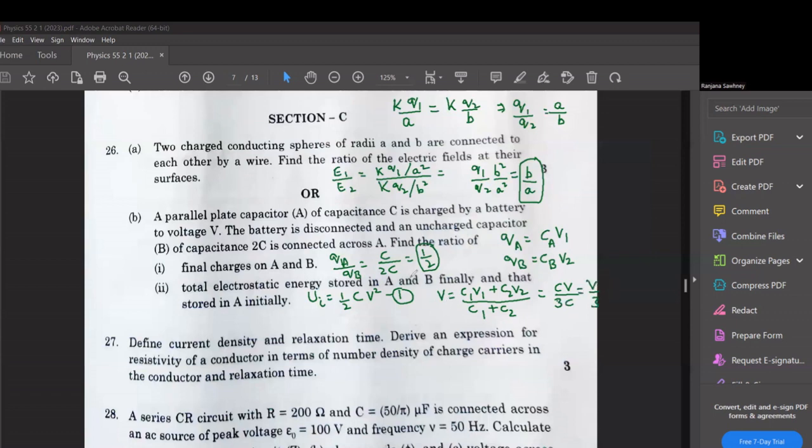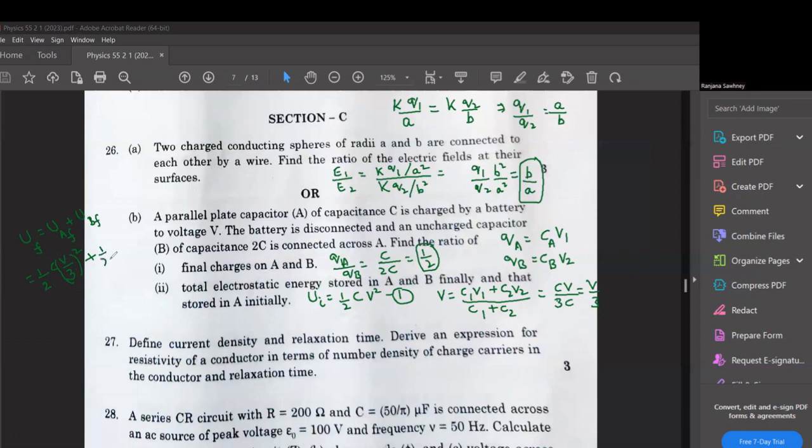Now let's find out the final energy stored in the capacitors. I'm writing it over here: the energy stored in capacitor A finally and the final energy stored in capacitor B. The formula for the energy is half C1 V1 square. Half C, and which potential do they reach? Both of them reach the common potential, which is V by 3. So half C into V by 3 whole square.